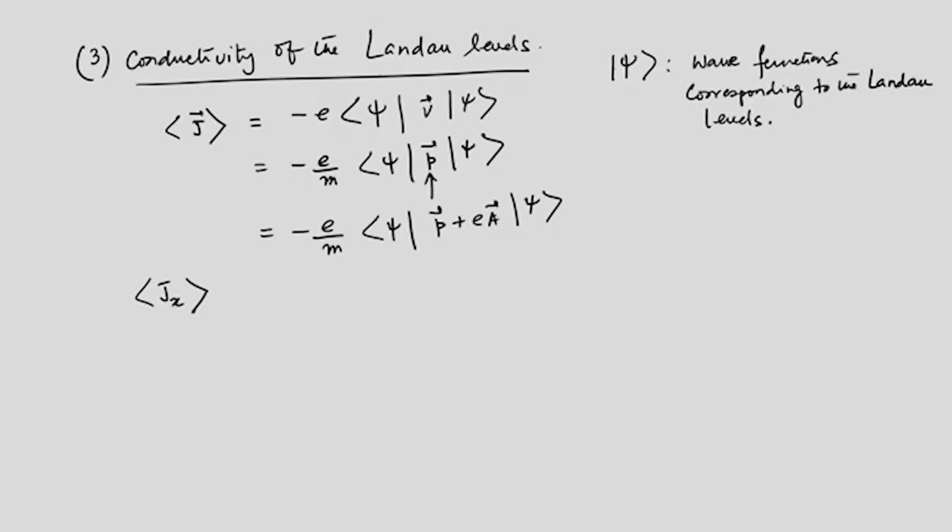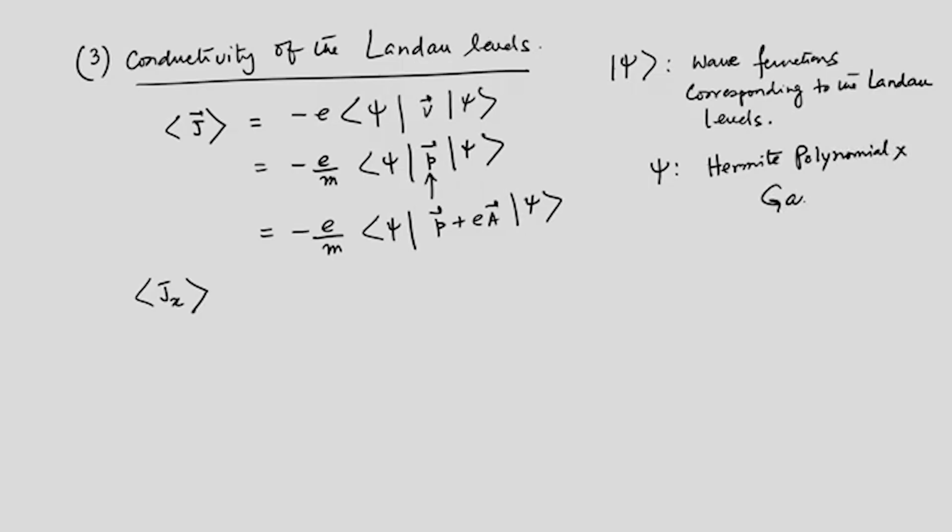So the gauge is chosen such that it's in the x direction, and if you remember, these psi's comprise the Hermite polynomials multiplied by the Gaussians.